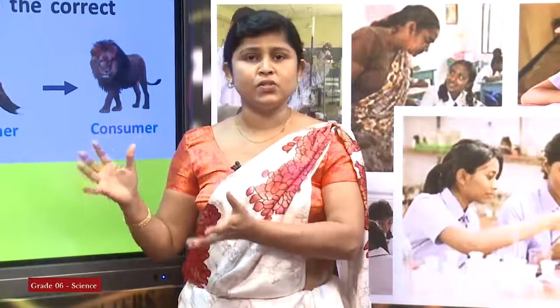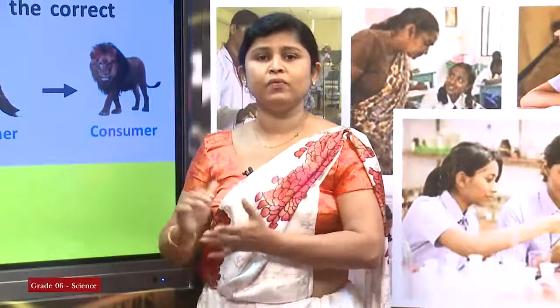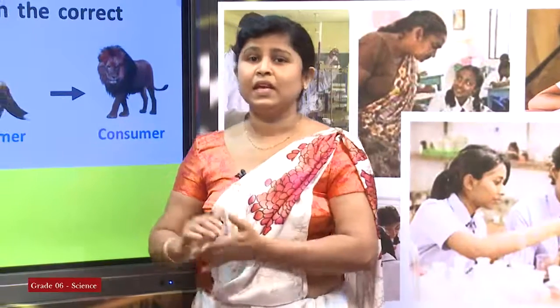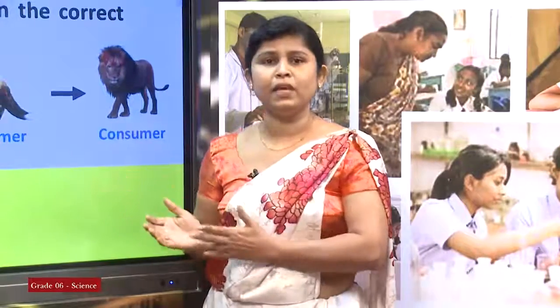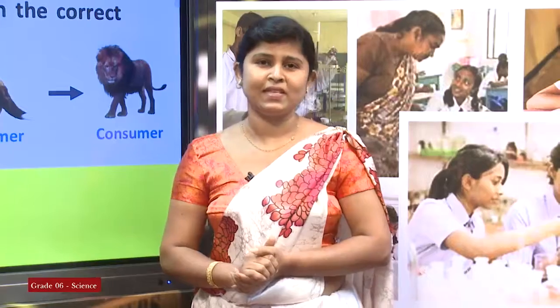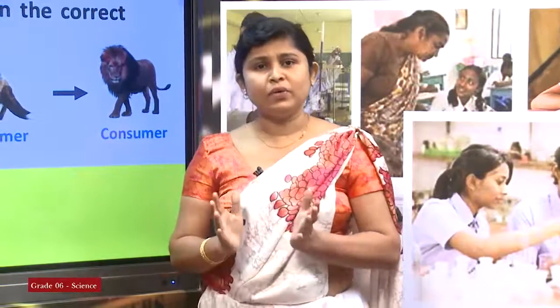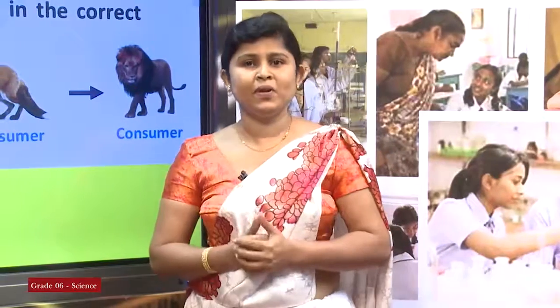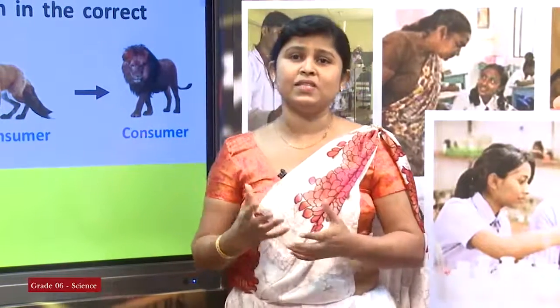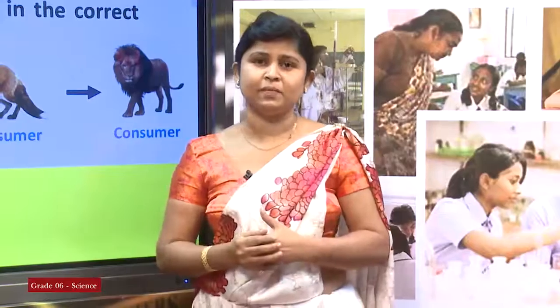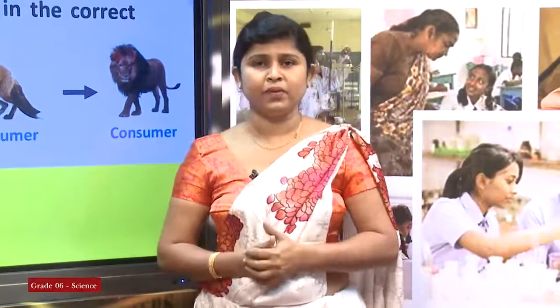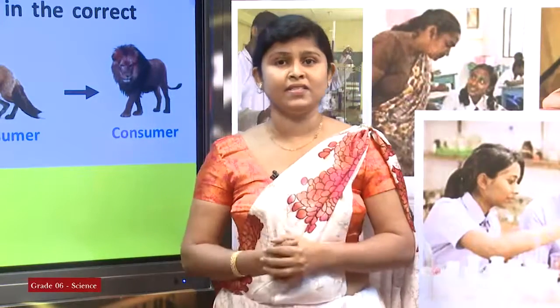The energy stored in the producers, or the food stored in the producers, is transferred from link to link. Can you understand? In a food chain, the first link is the producer. The producer always uses the sunlight, produces food and stores energy.